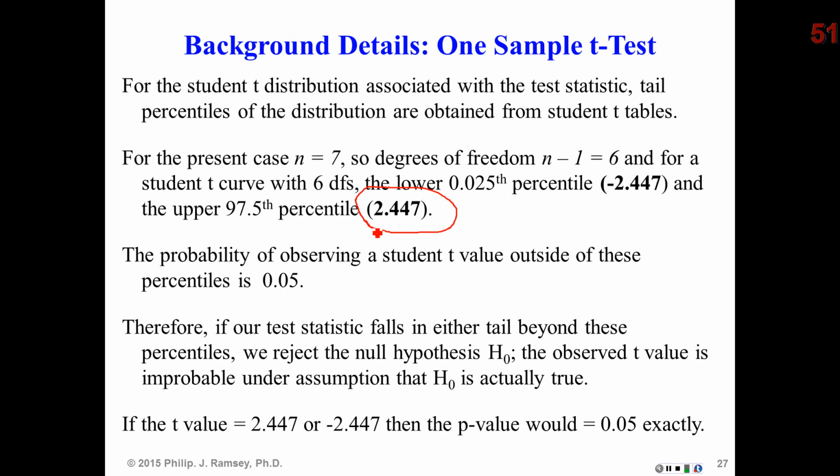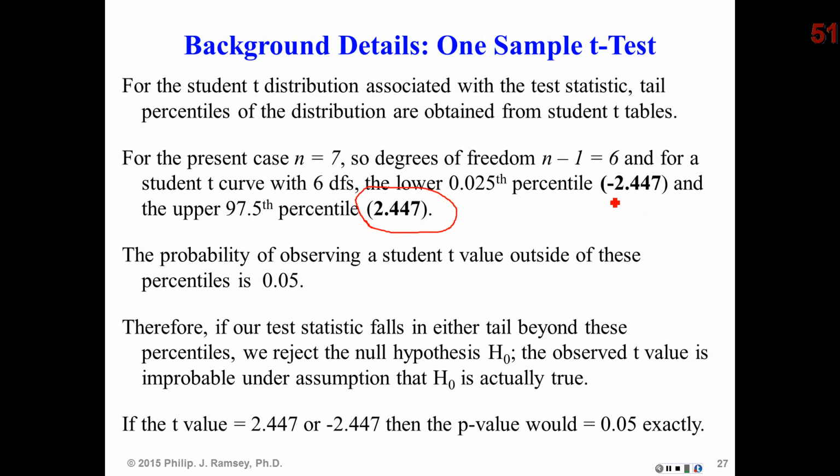That 0.05 is the risk of a false rejection, meaning I rejected the null and it turns out it was true. But I'm doing a two-sided test, so I take that total risk of 0.05 and I split it in half between the lower end of the distribution and the upper end of the student t distribution. So basically 2.447.